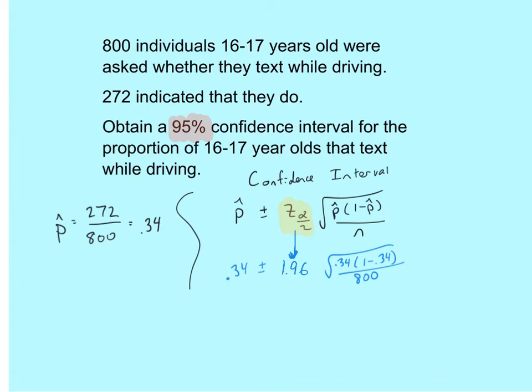Okay. So now when I type this into my calculator, I take my 0.34 plus or minus, we'll leave that as is for right now, and I'm going to type in the 1.96 times the square root of 0.34 times 1 minus 0.34, but I typically do that subtraction ahead of time, and you get 0.66, and then divided by 800, and all of that leaves you with 0.033, if I round to 3 decimal places.